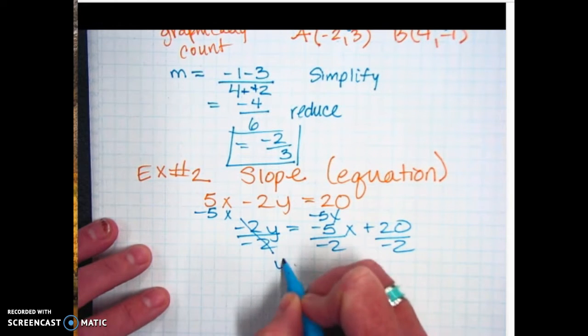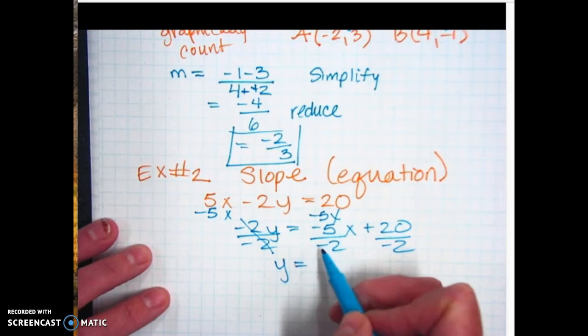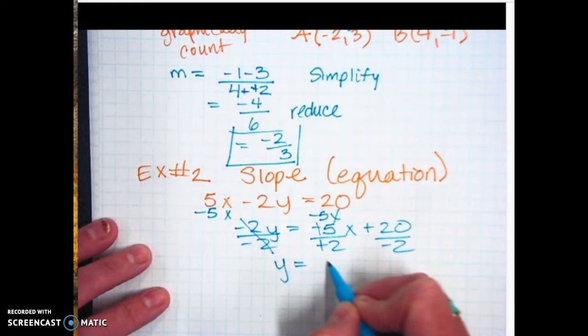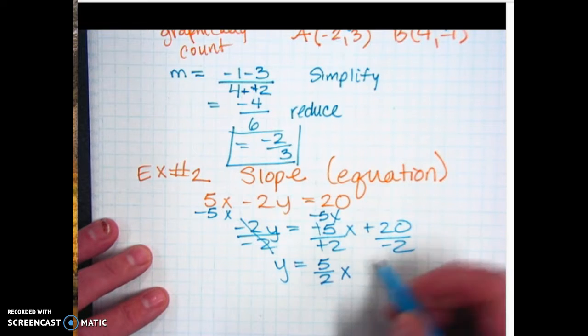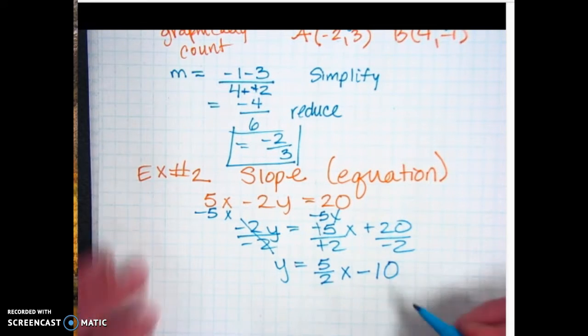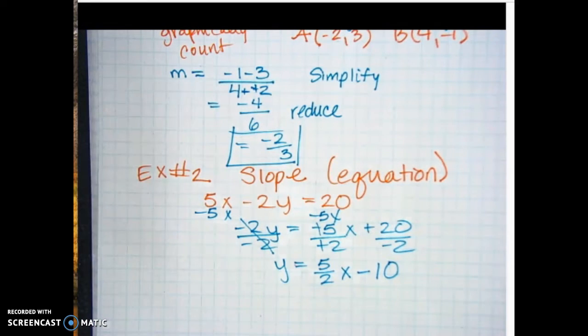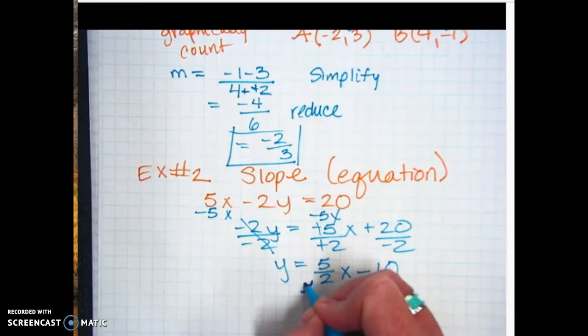These cancel. You get y equals, a negative divided by a negative is positive, so 5 halves x. And a positive divided by a negative is a negative, so negative 10. Okay? So what's in the M position? 5/2. And it's positive, right?